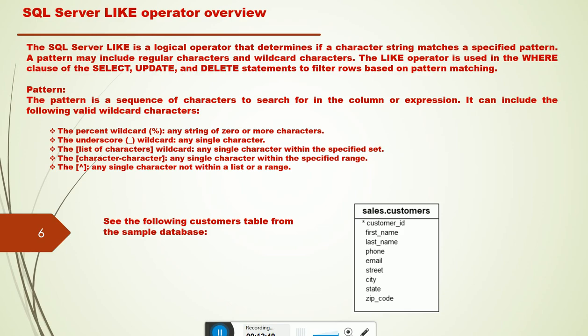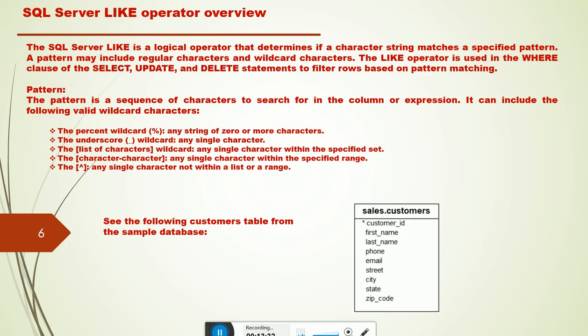Pattern. The pattern is a sequence of characters to search for in the column or expression. It can include the following valid wildcard characters. The first, the percent wildcard: any string of zero or more characters. Simply, if you want to represent multiple characters, use the wildcard character, that is the percent sign. The underscore wildcard: any single character.